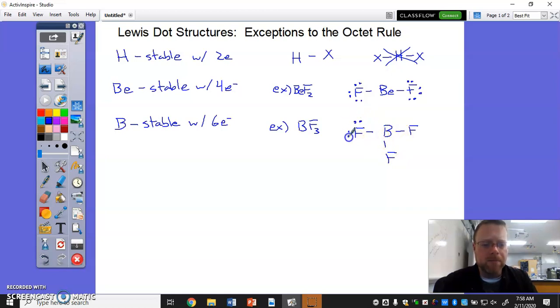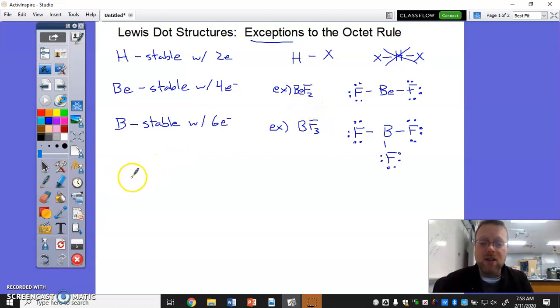While you're building this model, you might decide to make a double bond to one of these fluorines, but it really isn't necessary because boron can be stable with only 6 electrons, and it is the only element that can be stable with 6. So these are exceptions. Most of the time we're following that octet rule.